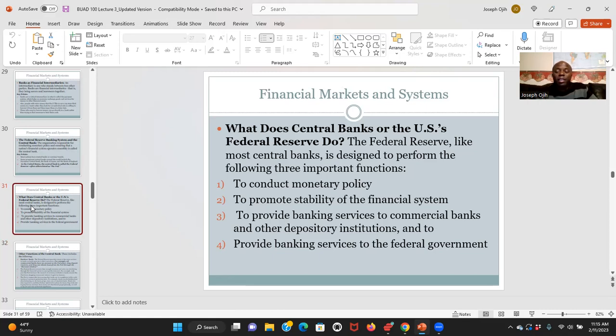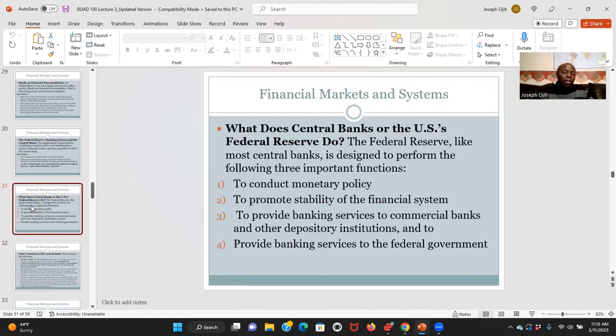I think what I'm trying to say here is that the same services that banks give to us, that they accept our deposits and help us in finalizing our financial transactions, the Federal Reserve or the central bank does the same for the government, especially the federal government. They provide banking services for them.